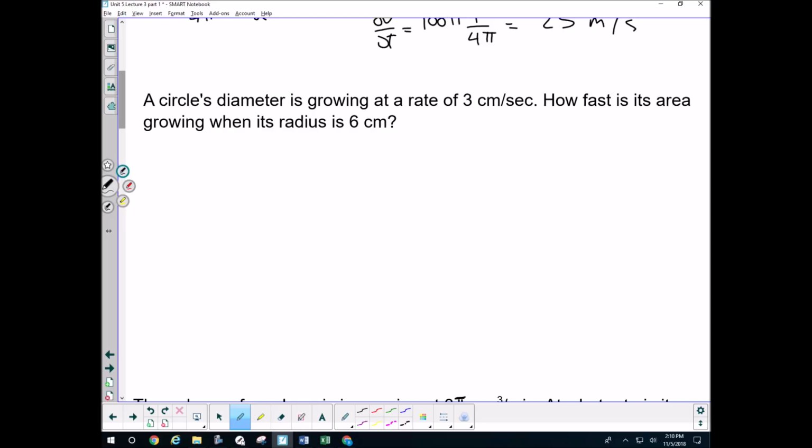Just like any word problem, a good first step is to write down what you are given. What do you have? Write down what you are given and write down the formula you think you're going to need.